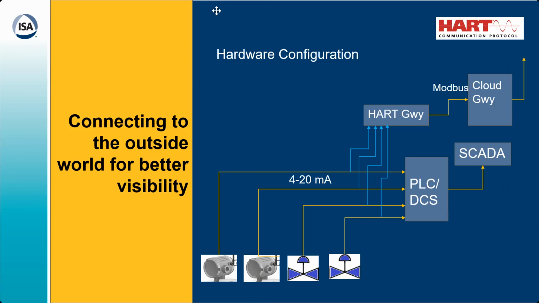Okay, so this 4 to 20 milliamp is a current loop, right? So you physically have to break that loop and take it through the HART gateway? No, only the 250 ohm resistance gets added into the loop.